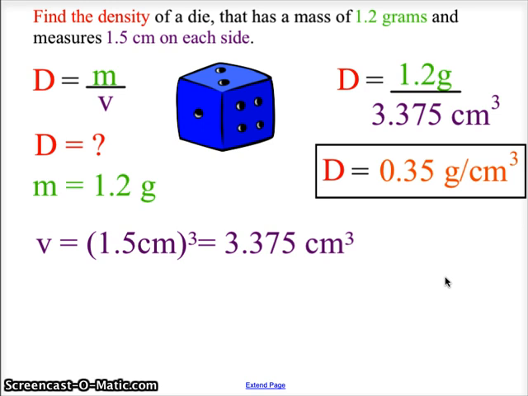Well, remember from our significant digit rules, this is division. 1.2 has 2 significant digits, 3.375 has 4 significant digits, and when you do multiplication and division, the answer must have the same number of significant digits as the number from the question with the fewest. So in this case, 2 significant digits is our correct answer.